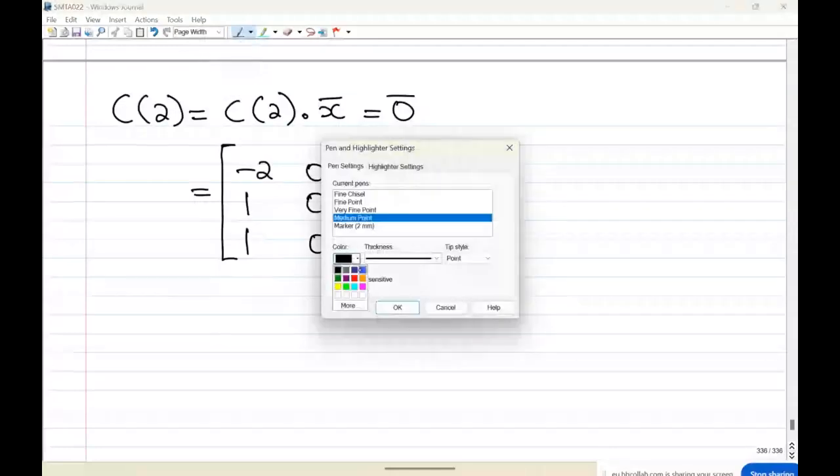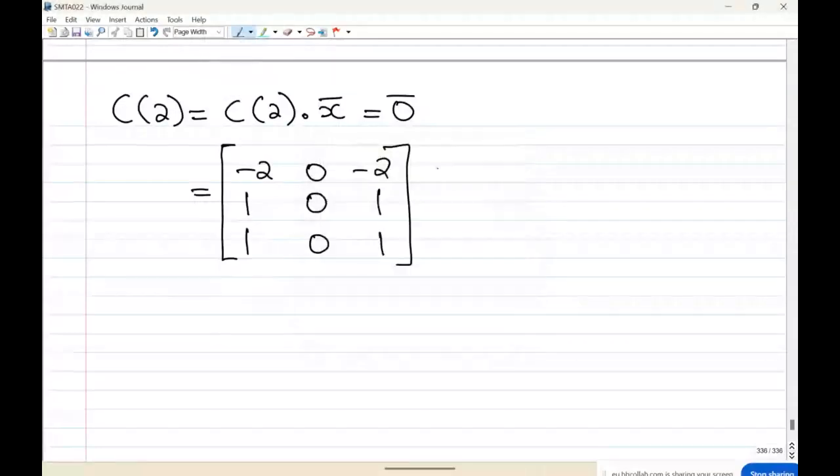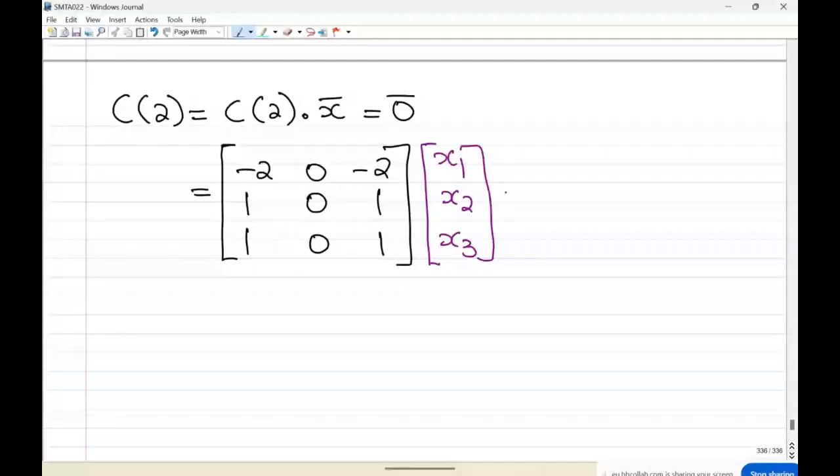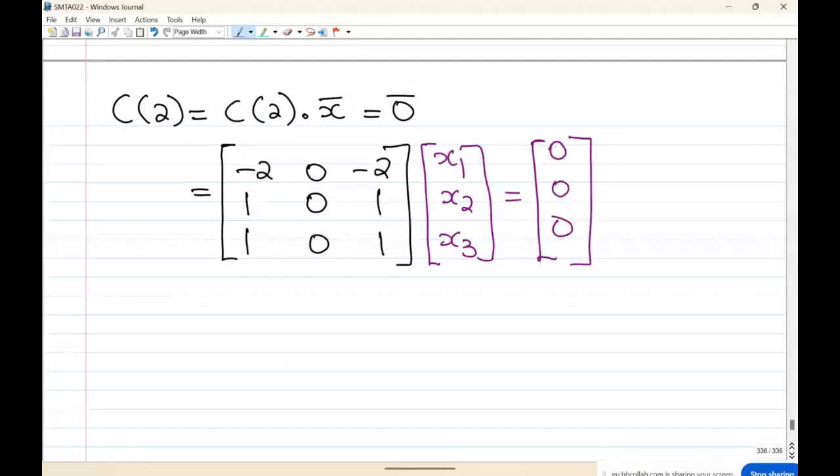Then multiply by the variable x: let me come up with x1, x2, and then x3. If I want, I can also put 0, 0, and then 0 there. Can I get yes from you? Are you still there, colleagues? Yes, sir. So for the first row, what are you going to have?